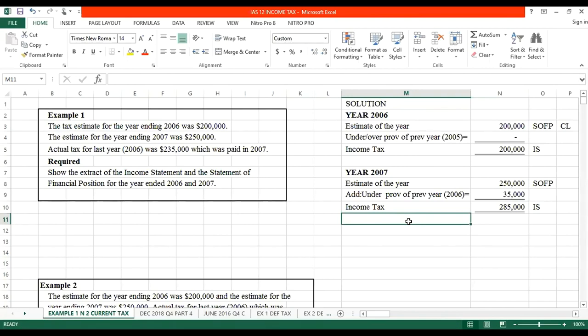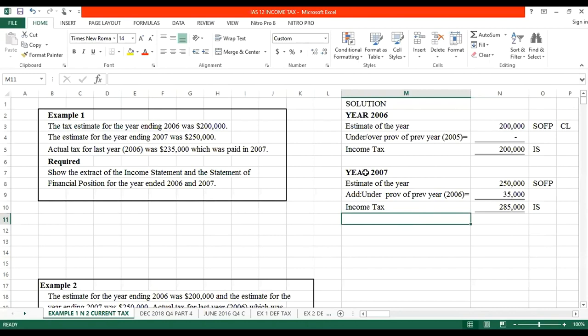Now, next year, maybe 3 months after the year end, is when RRA will bill you after seeing your audited accounts. That means tax of this year is also related to next year, because next year is when you will know the actual amount of tax.